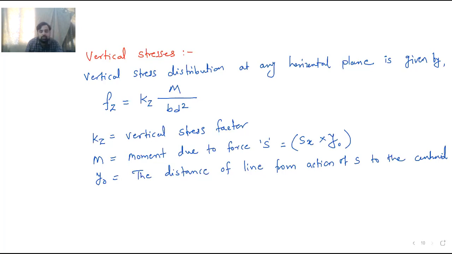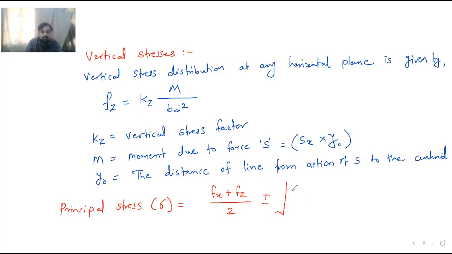Okay, the principal stresses are getting generated, and we can calculate those principal stresses by using the formula. So the principal stress sigma can be calculated as Fx plus Fz divided by 2, plus minus under root.